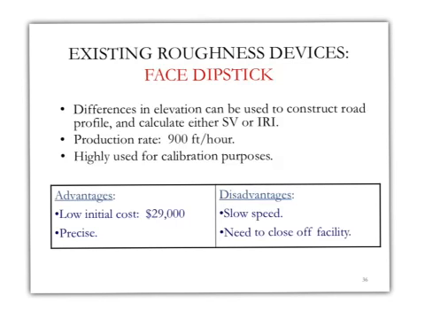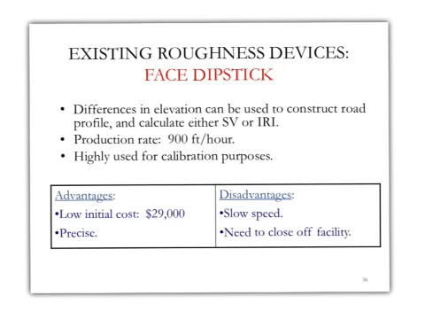But the issue here is that the production rate is not that high. It's about 900 feet per hour, and it's mostly used for calibration purposes only. Why? Because it is very accurate, but at the same time it's slow, and that's why here I put the advantages versus the disadvantages for the Face Dipstick.